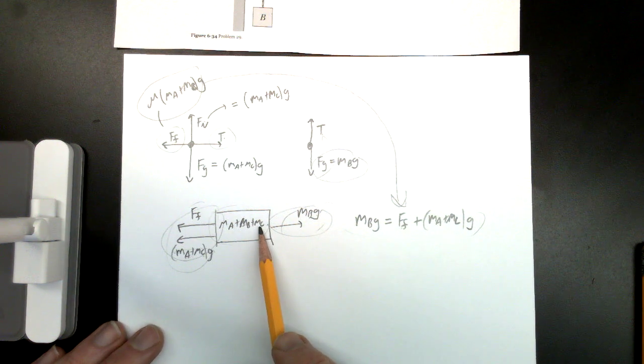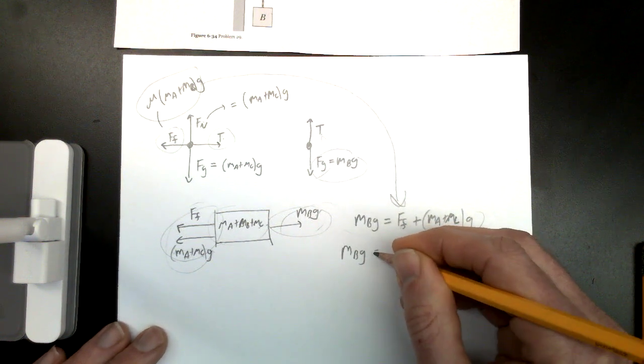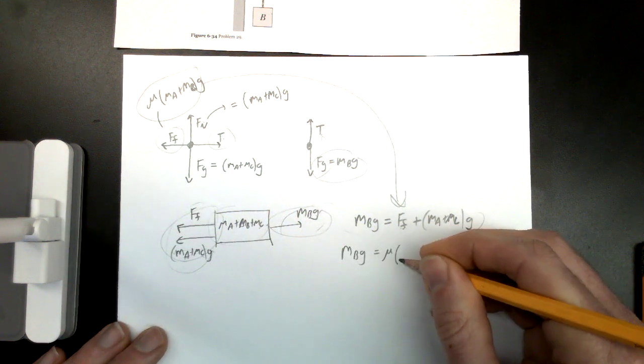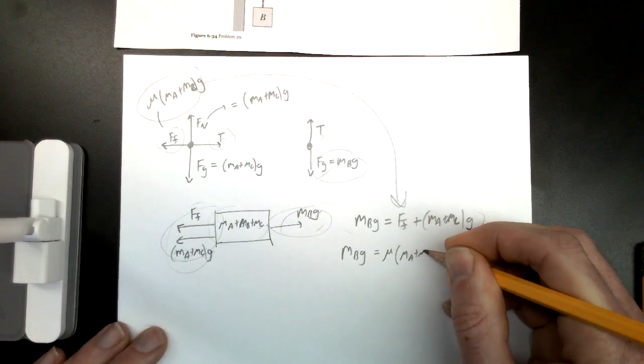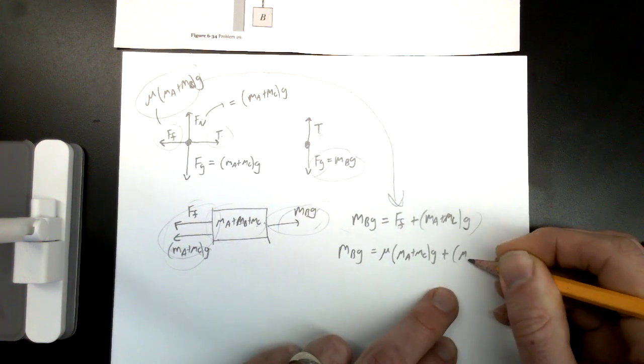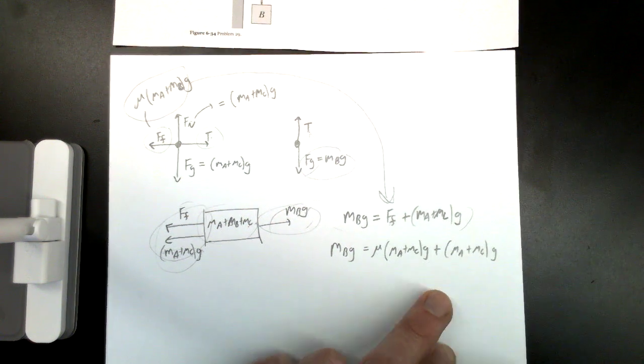We don't know what mC is. All the other ones we can figure out. So let's write it down here: mBg equals this mess, mu times (mA plus mC) times g plus (mA plus mC) times g.